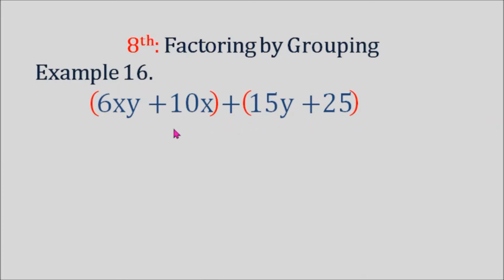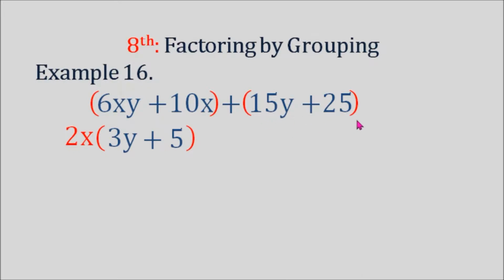So I have to factor each group. The greatest common factor between 6xy and 10x is 2x, and then 6xy divided by 2x is 3y, and 10x divided by 2x is positive 5.